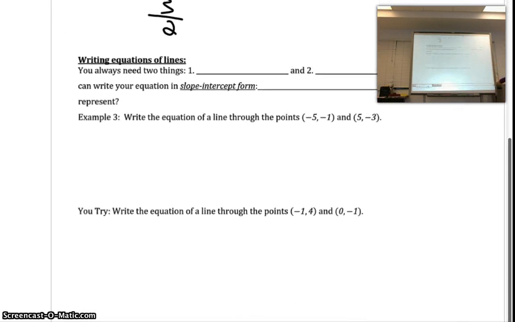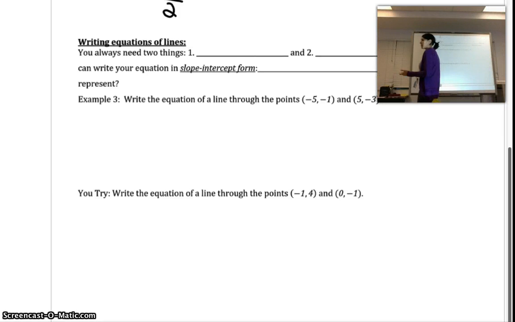Now we're going to write equations of lines. Again, this is review. You did this in Algebra 1. The 2 things you need for an equation of a line are what? Slope and y-intercept. Good.